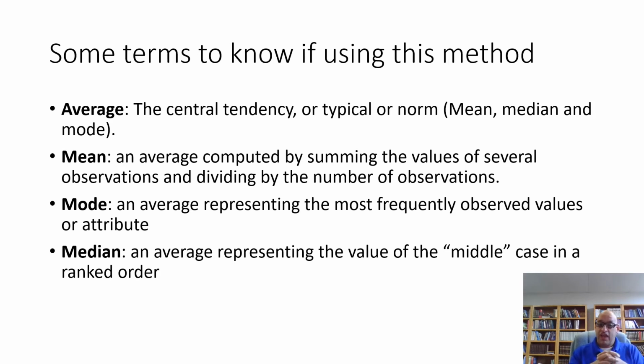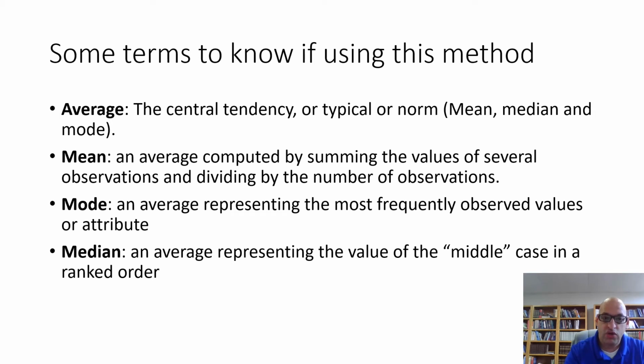The mode is the average representing the most frequently observed. So let's say 16 is the mode, which is represented by 8. That would be the number I would choose for the selected population.